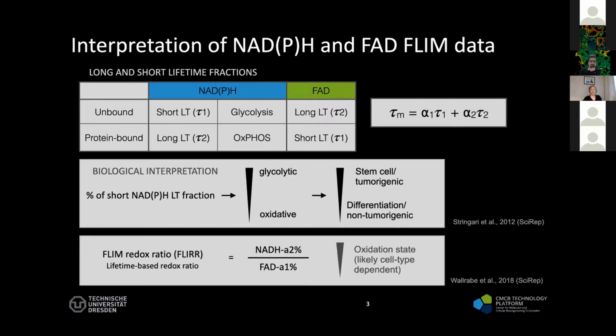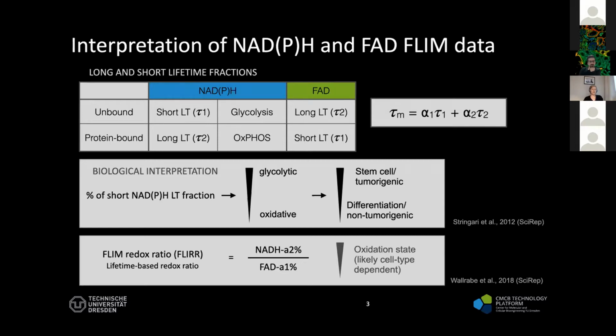And in the past 2 years, the lab of Ammasi Periasamy has introduced the so-called FLIM redox ratio, in short FLIRR. This is a lifetime-based redox ratio, which can be calculated exactly using 2 of these parameters from the analysis.